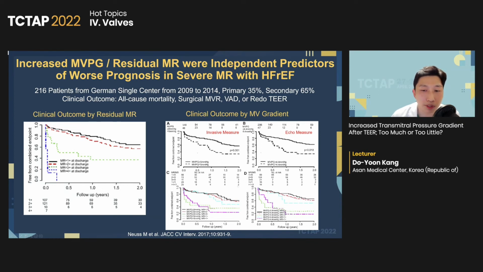But the graph still shows that the patients with a smaller degree of residual MR show better clinical outcome compared with the patients with a higher degree of residual MR. It seems that the analysis shows that increased mitral valve pressure gradient and residual MR were independent predictors, but the graph suggests that the residual MR degree would be a little bit more important for clinical outcome prediction.